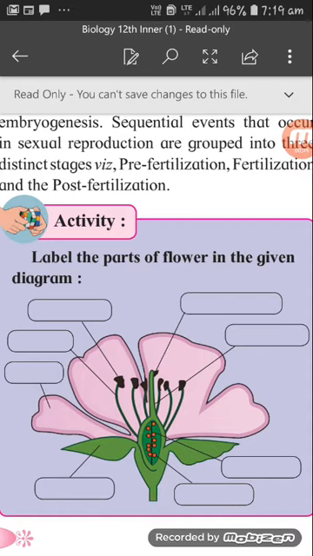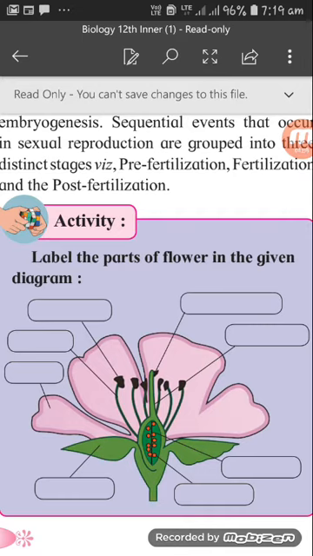Today we shall continue with the most important chapter for your exam, which is structure of anther and TS of anther. To understand TS of anther, let's know where the anther is located in the flower.